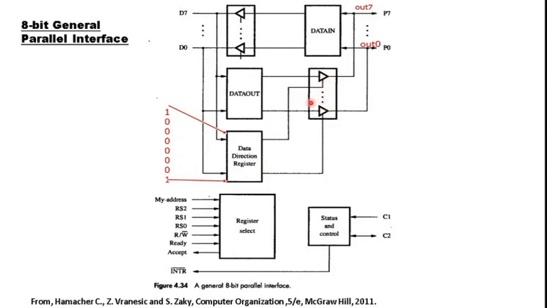Suppose that we are setting this bit pattern on the data direction register, which means the MSB is 1 and the LSB is 1. So only the MSB and LSB of the data out will be allowed to pass through the tri-state buffers.